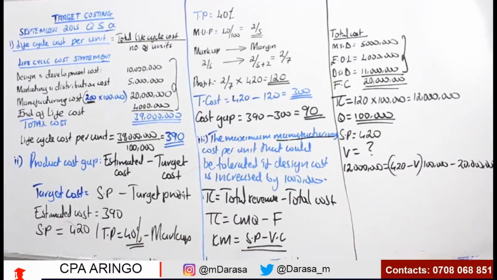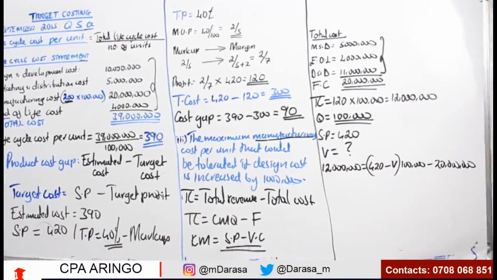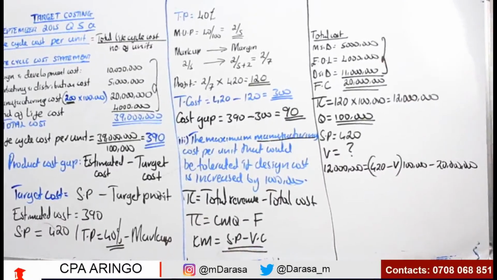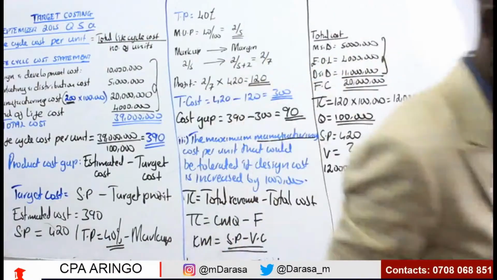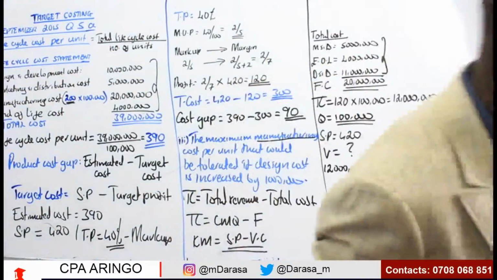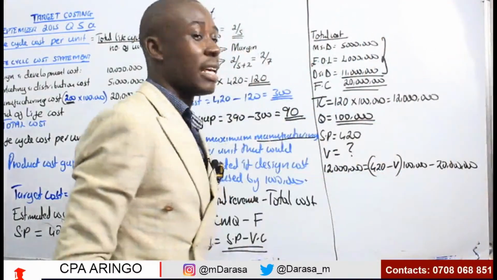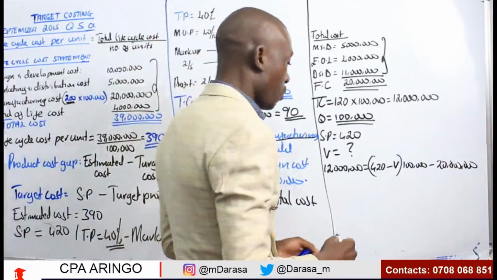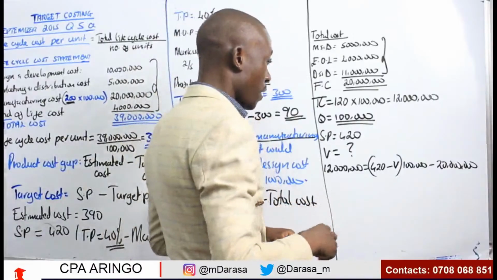So I need to determine my V. How will we determine our V?